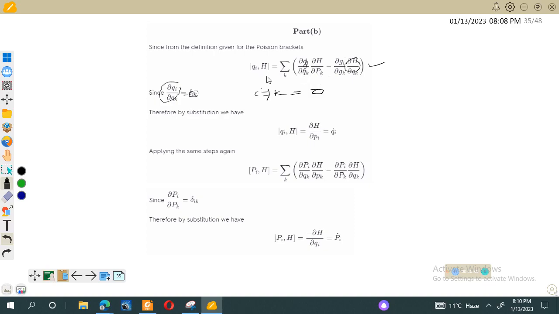Okay, so we are left with qi and H equal to partial H over partial pi, which we know is equal to qi dot.